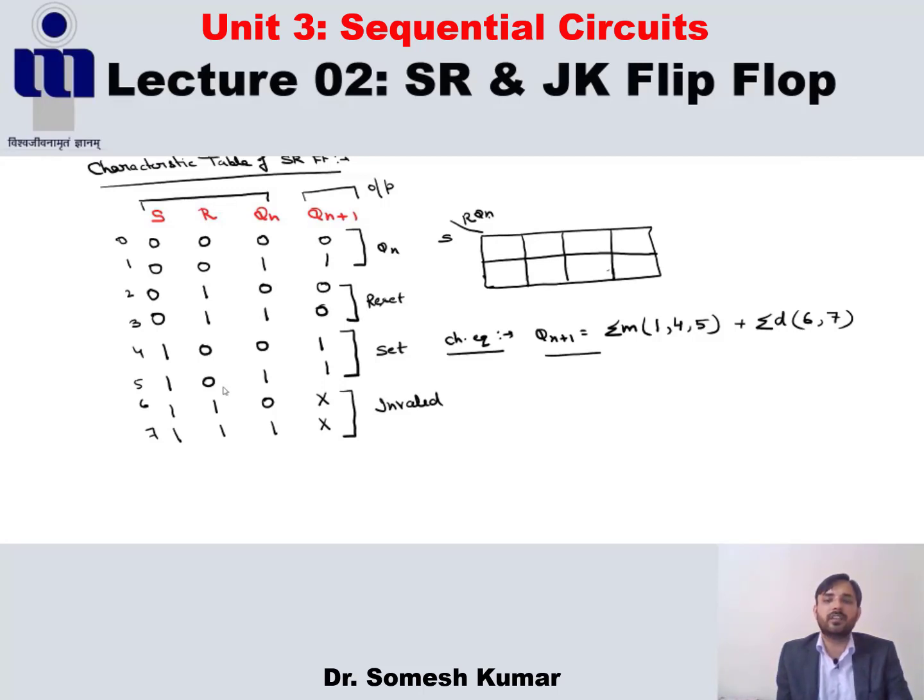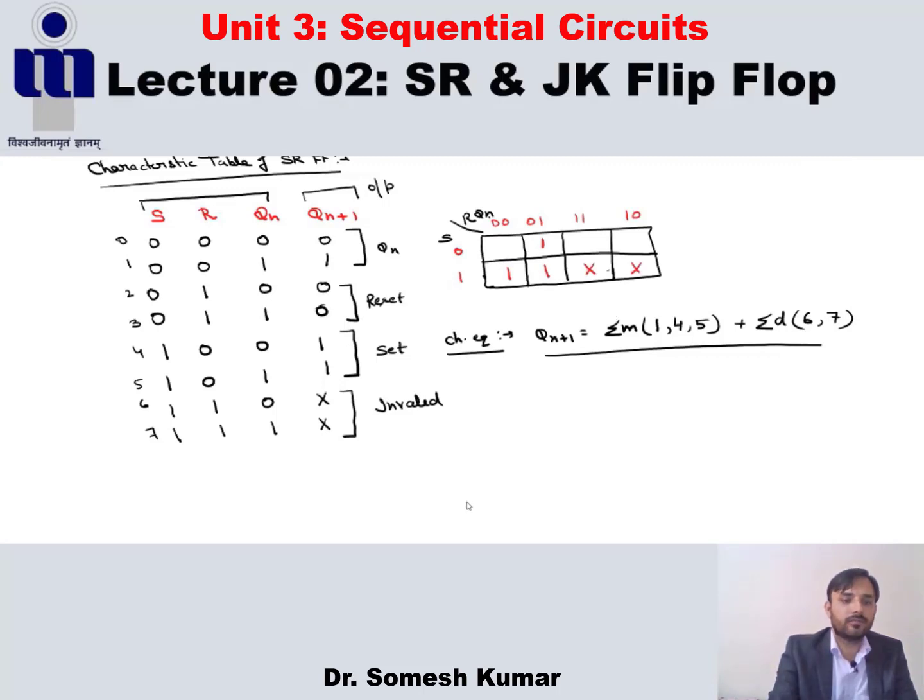So from this characteristic equation we will draw the K-map, to find the minimal solution of this. Fine. So here this is 0, this is 1, this is 0, 0, 0, 1, 1, 1, 1, 0. Fine. So this is 1, 0, 1, 2, 3, 4, 5, and this is the don't care condition. Fine. So first we will solve this K-map. So this is what? This is a possible quad. Fine.